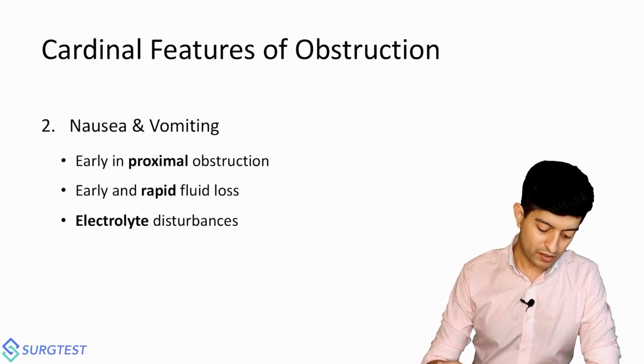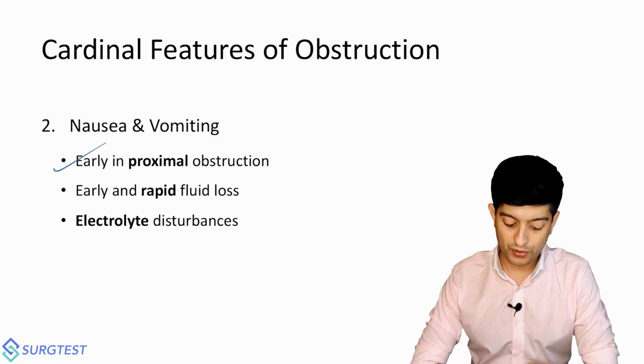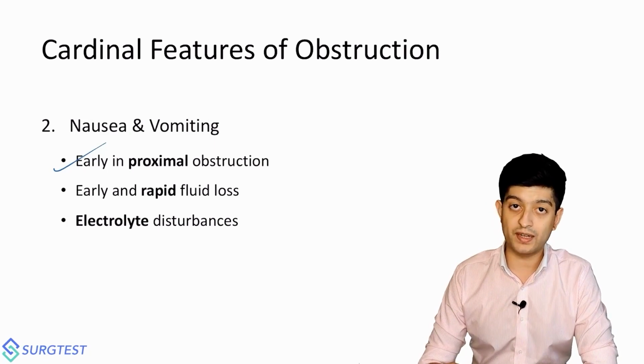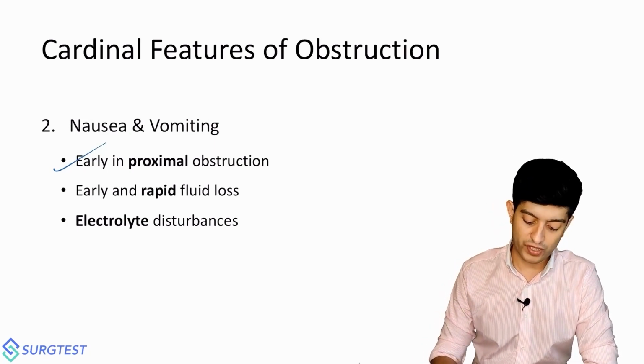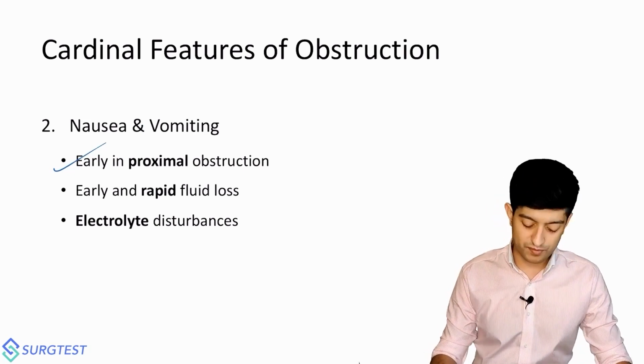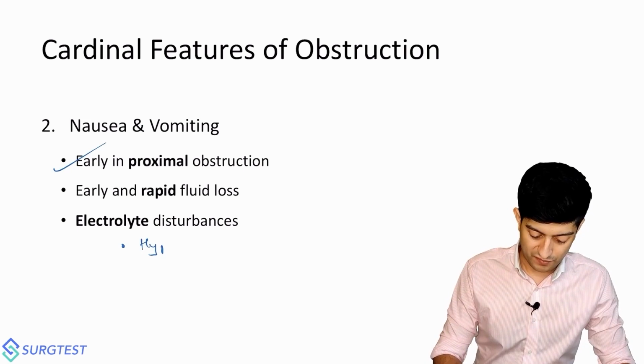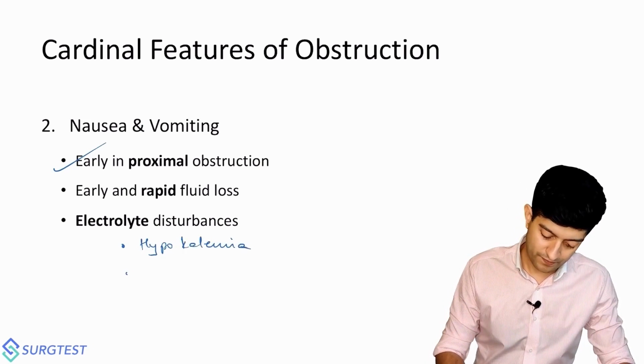Nausea and vomiting occur particularly early. In a proximal obstruction, we've discussed this earlier, the fluid losses are rapid and severe. These patients are extremely dehydrated and they develop a standard set of electrolyte disturbances, the first of which is hypokalemia.